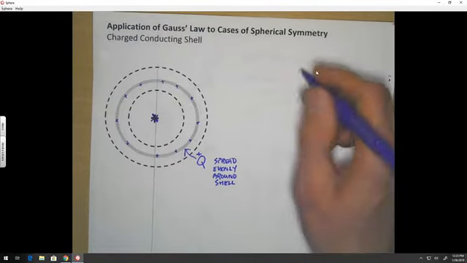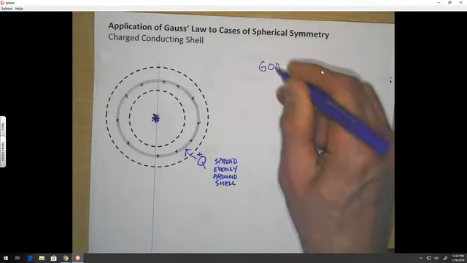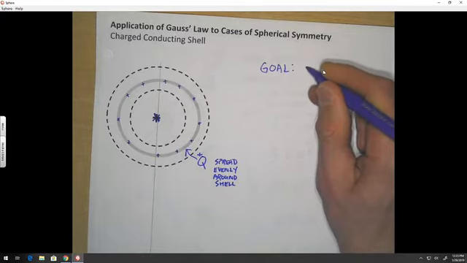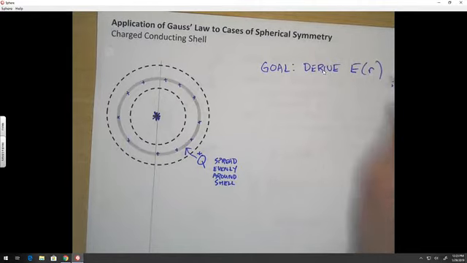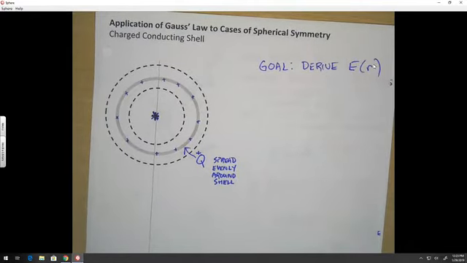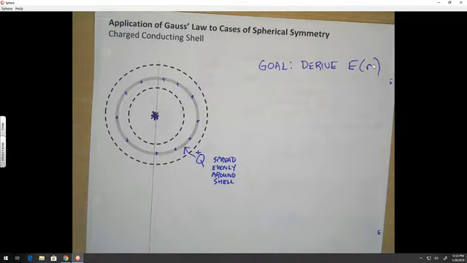So let's again say our goal. Our goal is always going to be to derive E as a function of, I guess, r in this case, like the radius. We probably should talk about what that means in this picture.